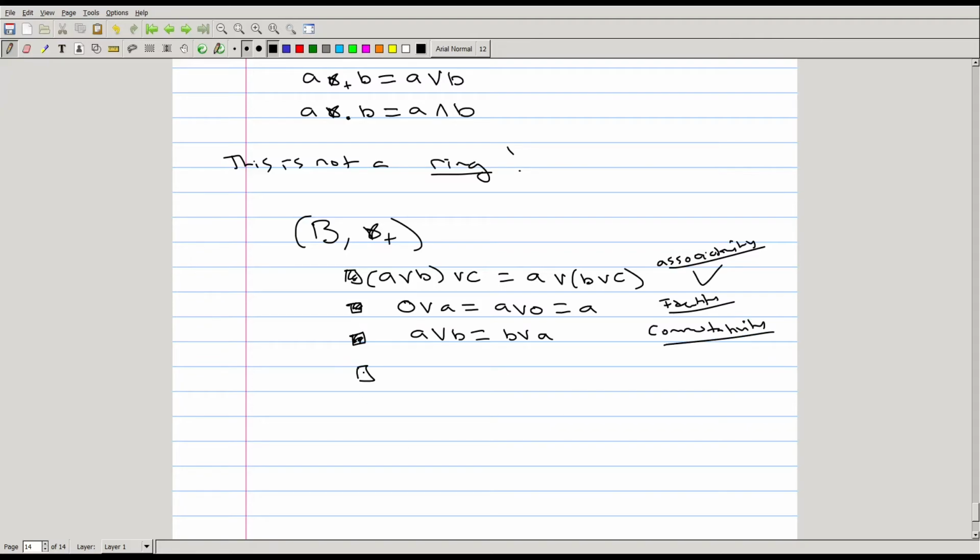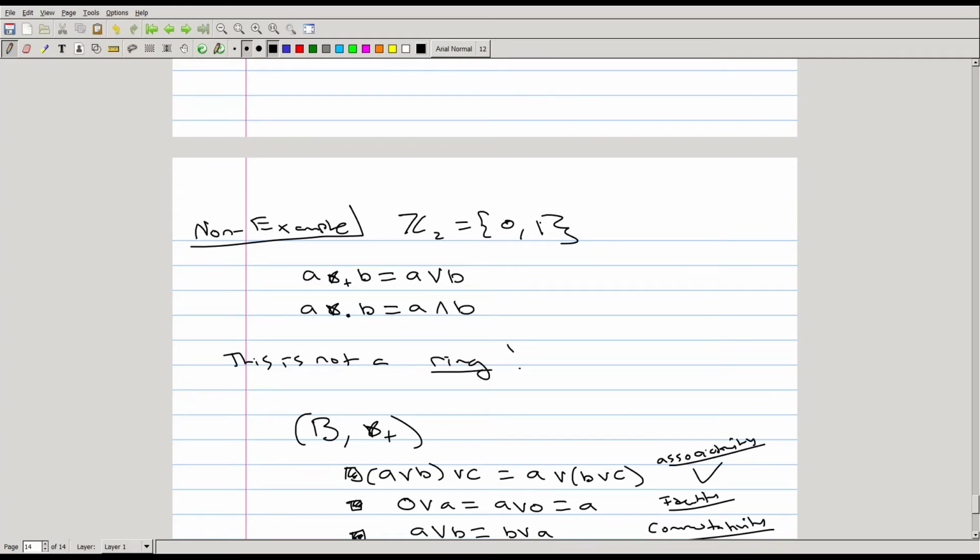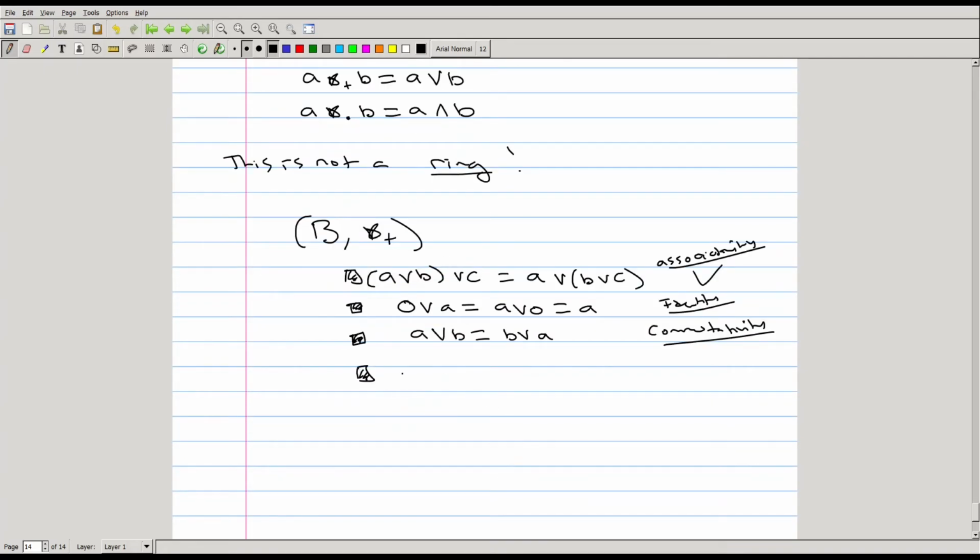But what we're lacking is the existence of an inverse. Because we have only one element that we have to look for an inverse of. It's this element 1, and 1 or A for both 1 and for 0 will always be equal to 1.